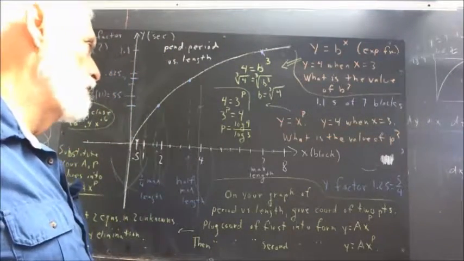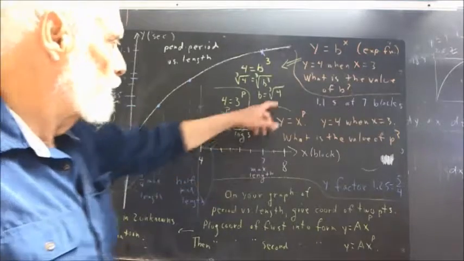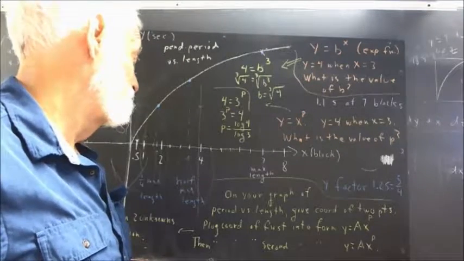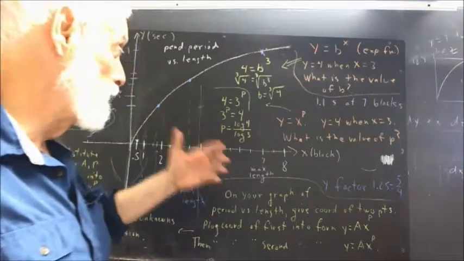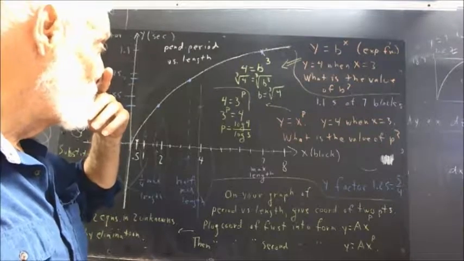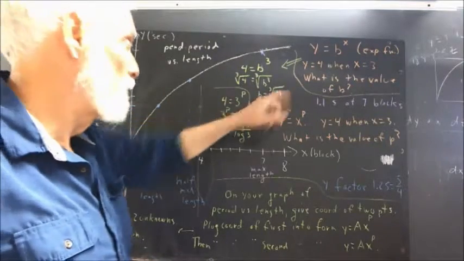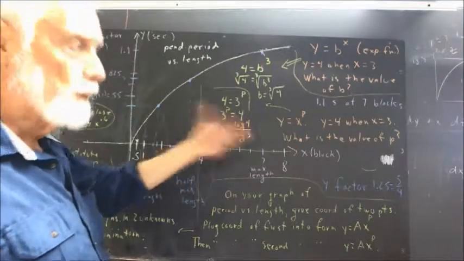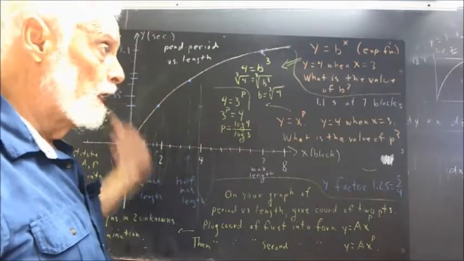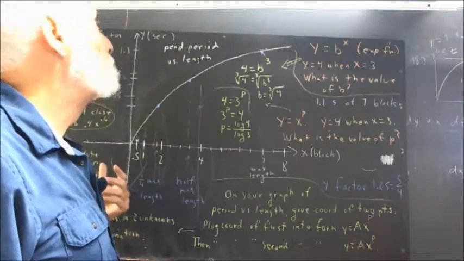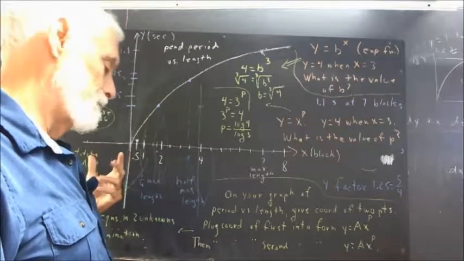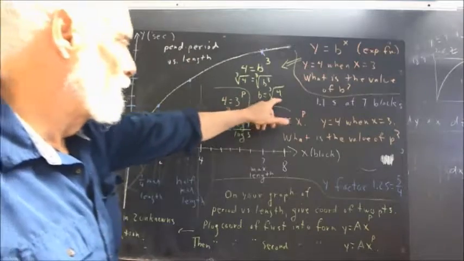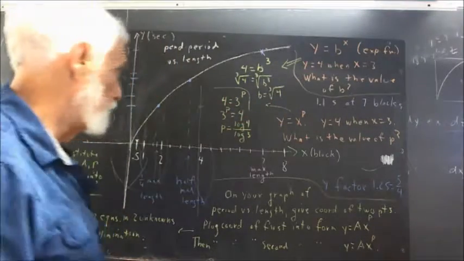Somewhere between 1.5 and 1.7, pretty close to 1.6. 1.6 squared is 2.56, and 1.6 times 2.56 I believe is a little more than 4. So the cube root of 4 would be a little less than 1.6.